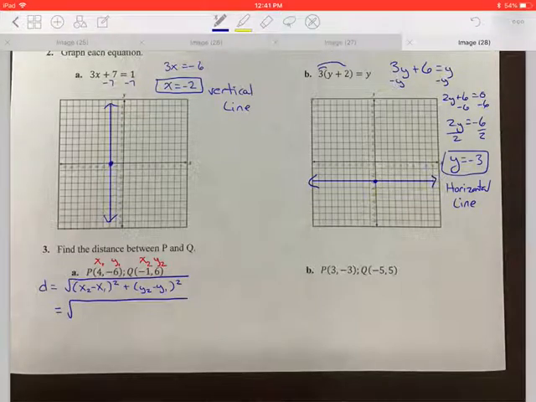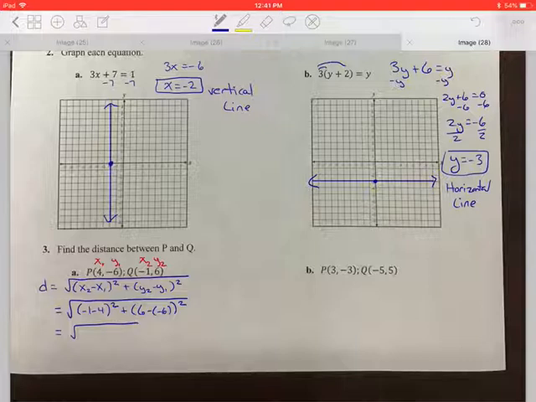All right, so if I start with my x's, x2 minus x1, that'll be negative 1 minus 4, and that will all get squared, plus 6 minus a negative 6, so you've got to watch your negatives there, and that will get squared.